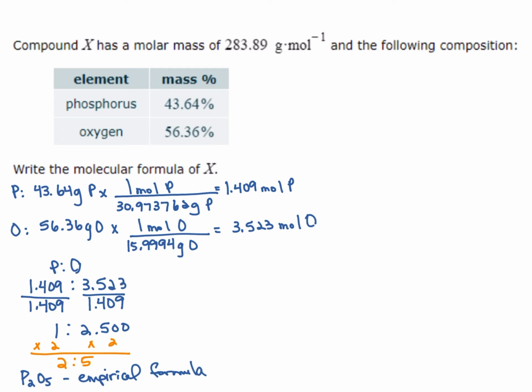The next thing we want to do is figure out the empirical formula mass. There are 5 oxygens. And 2 phosphorus.